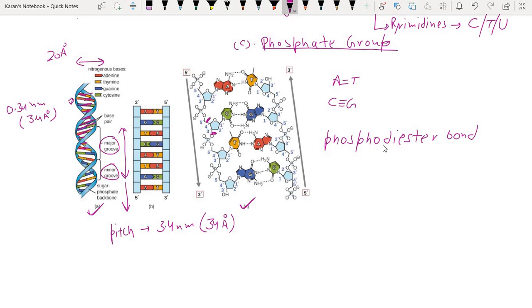Now this is the case of the DNA. Let me make the structure again. Let me draw the pentose sugar first. This is the pentose sugar, and here is the oxygen, this OH group. Here is also an OH group.